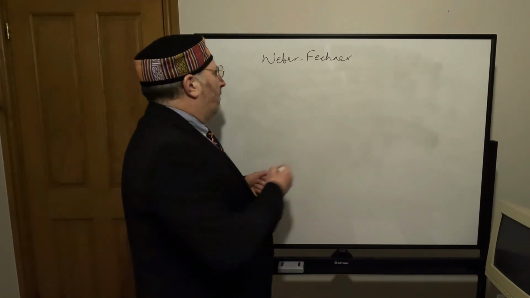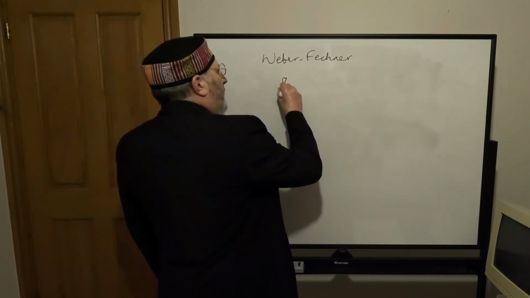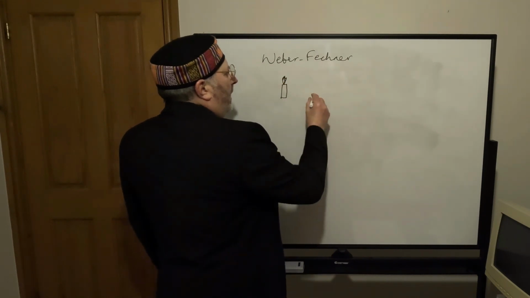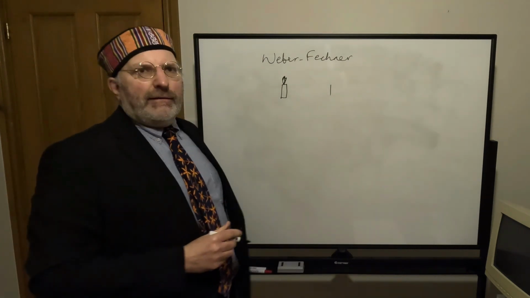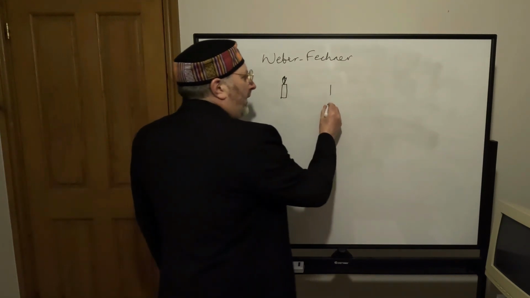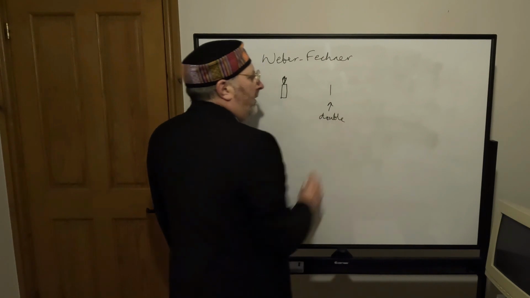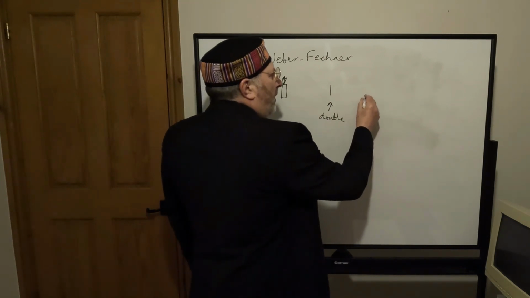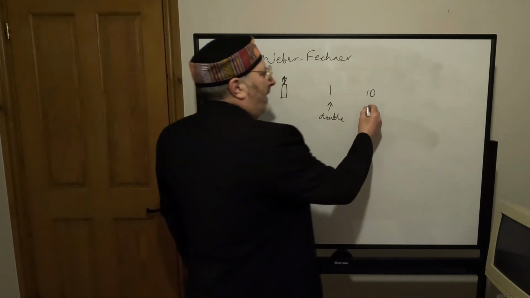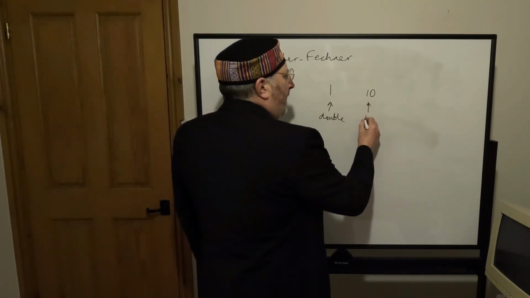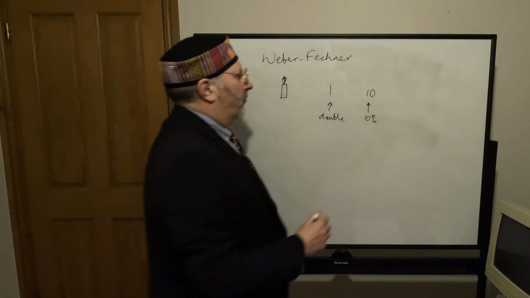Or we could think about some candles in a room. If you've got one candle in the room and you add an extra candle, you're going to double the amount of light. But if you've got 10 candles in the room and you add an extra candle, you've added 10% to the amount of light that's already there.